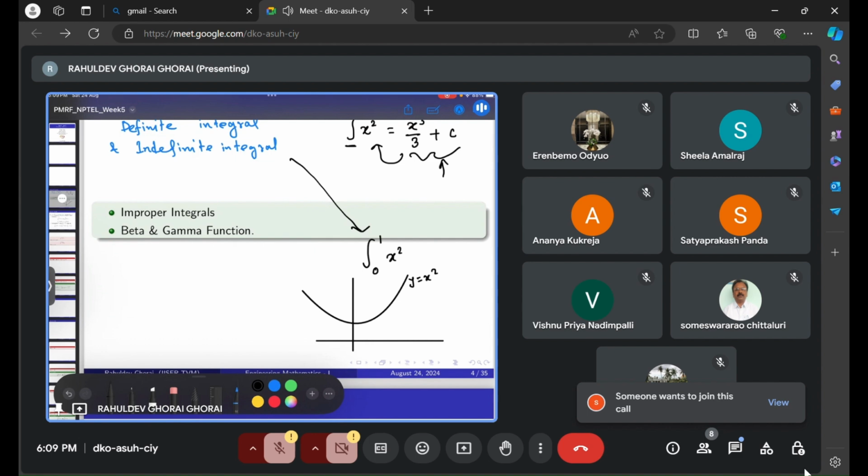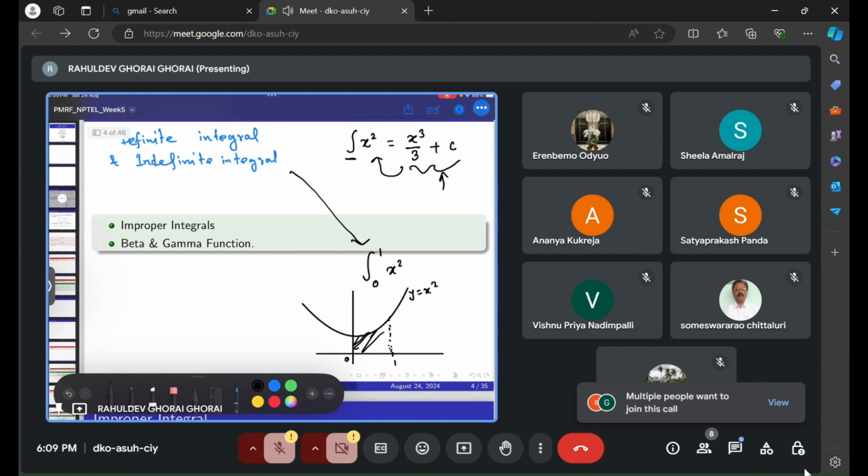Now, if the domain is from 0 to 1, the definite integral gives you nothing but the area under the curve, right? Area under the curve.